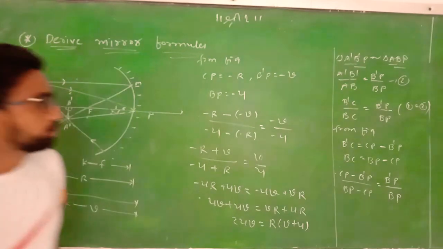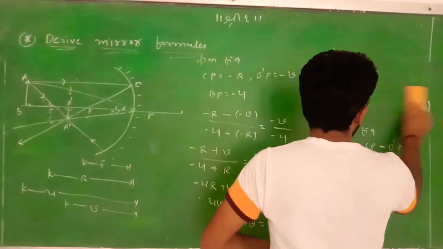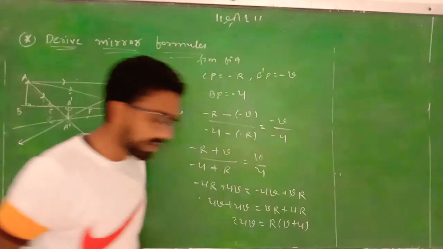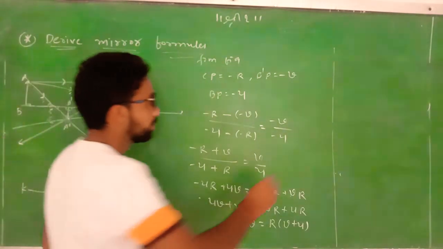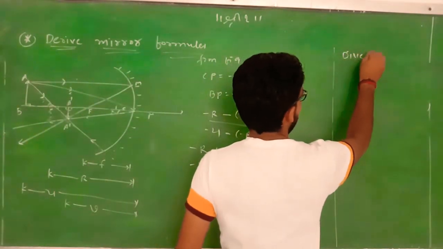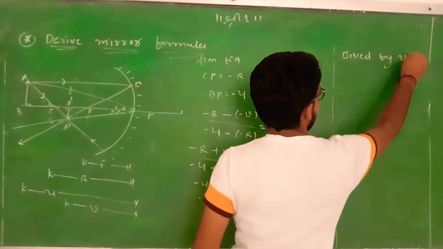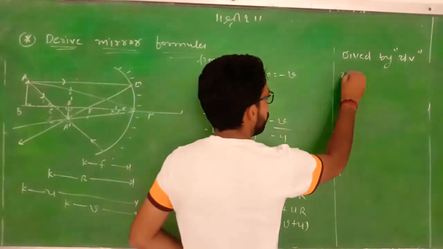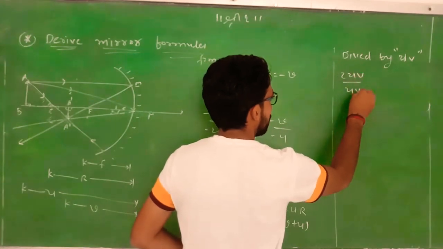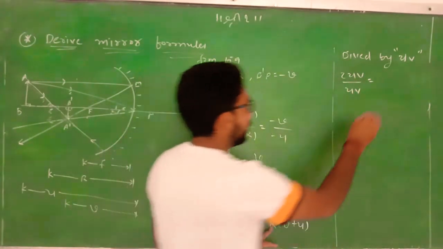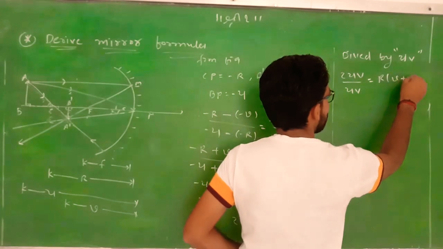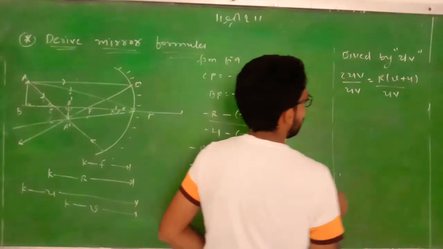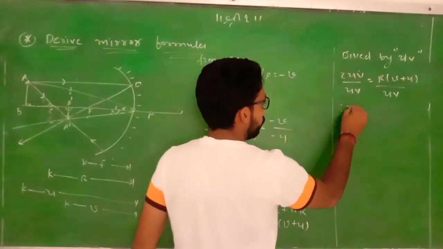Okay, now divide this whole equation by UV. So you get 2UV divided by UV is equal to R times V plus U divided by UV. This UV cancels, you get 2.